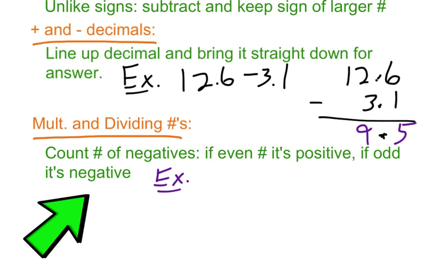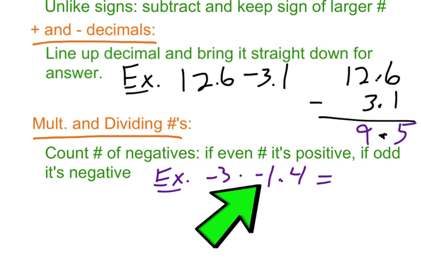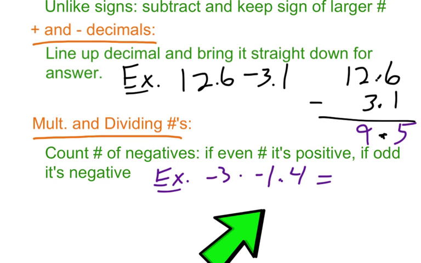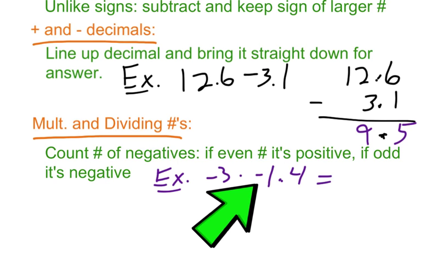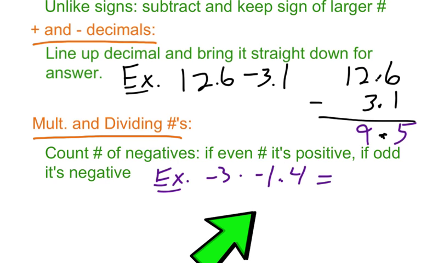If we had negative 3 times negative 1 times 4, we just count up the negatives. So we have 1, 2 negatives. 2 is an even number, so our answer is positive.